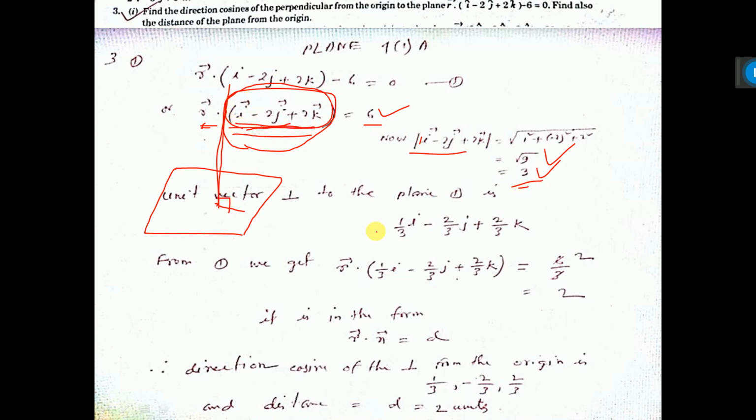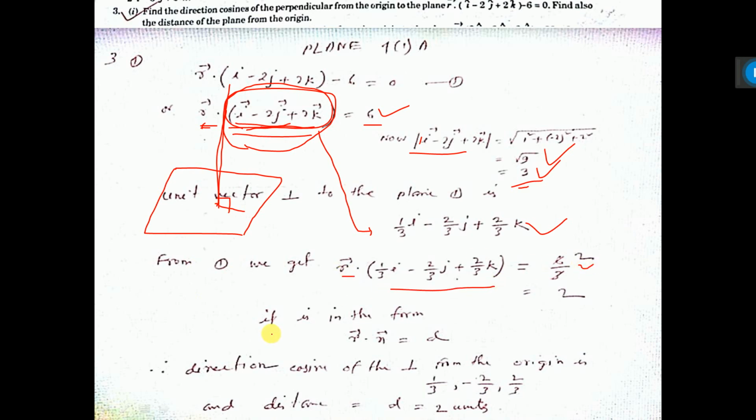So if you divide by 3, it comes to 1 by 3 i minus 2 by 3 j plus 2 by 3 k. This is the unit vector along the normal. Now from 1 we get r dot this equal to that.